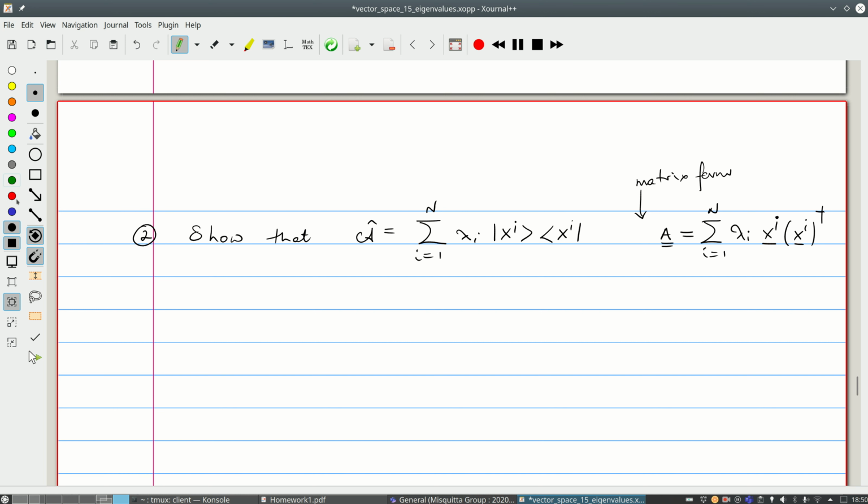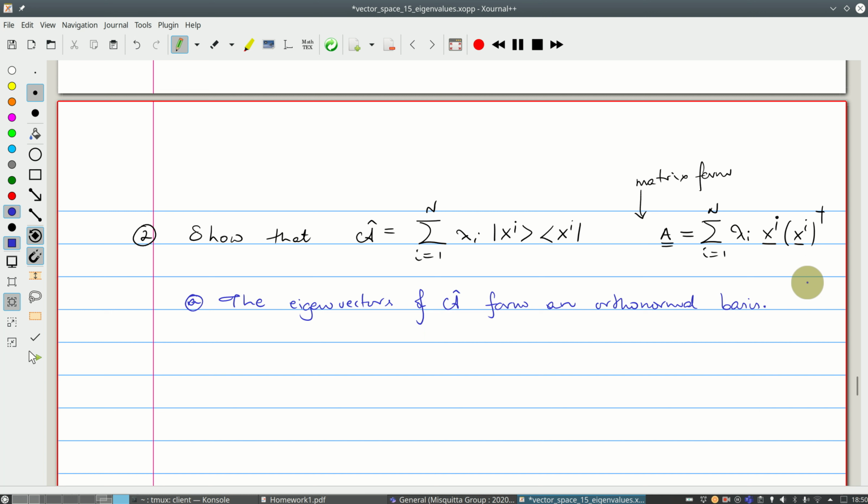So the first thing I'm going to need is that the eigenvectors or eigenfunctions of A form an orthonormal basis.